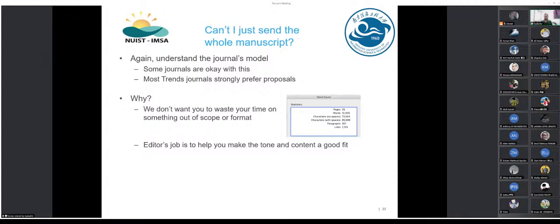Now, why should you submit the proposal first? I told you before that you should not be wasting your time and you should not be wasting the editor's time, because if you submit a paper to a high impact journal, they will go through, for example, 25 pages, and you will also write 25 pages and submit it, and then you will wait for the decision on whether it's accepted or not.